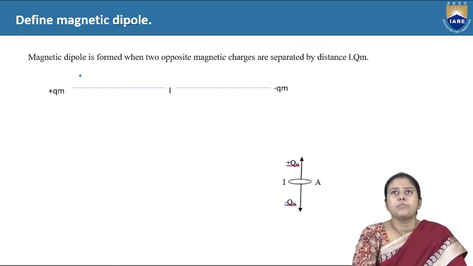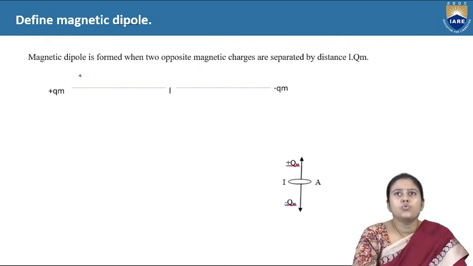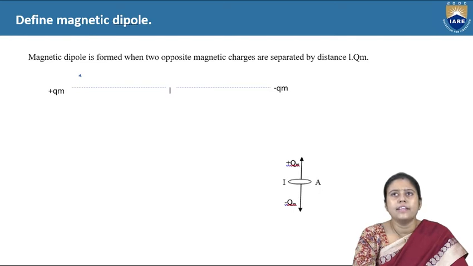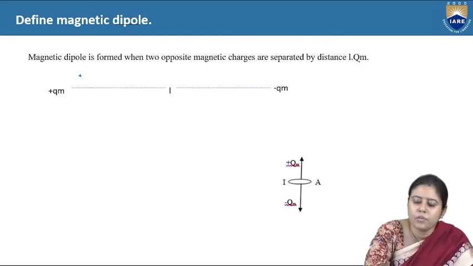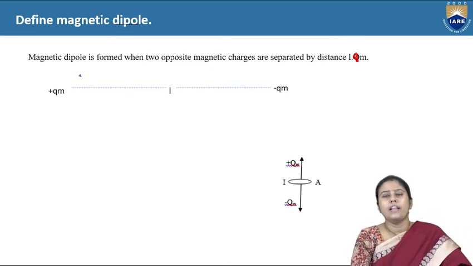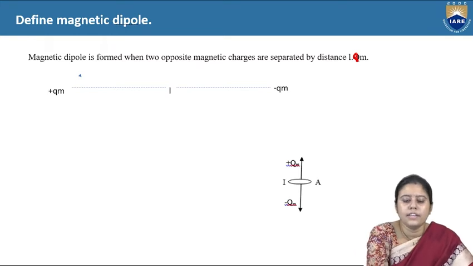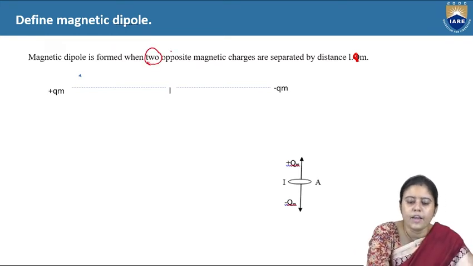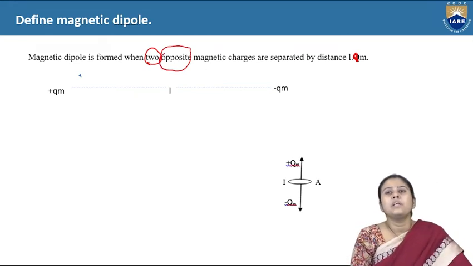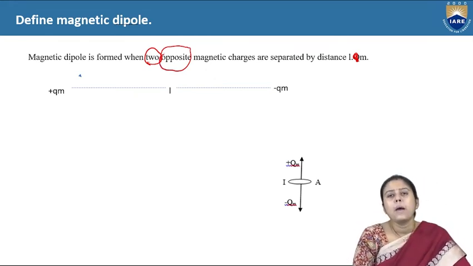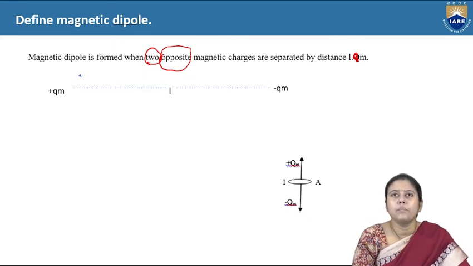A magnetic dipole is formed when two opposite magnetic charges are separated by a distance of L meters. One important thing is that, like the electric dipole, the two opposite magnetic charges have the same magnitude but opposite directions.